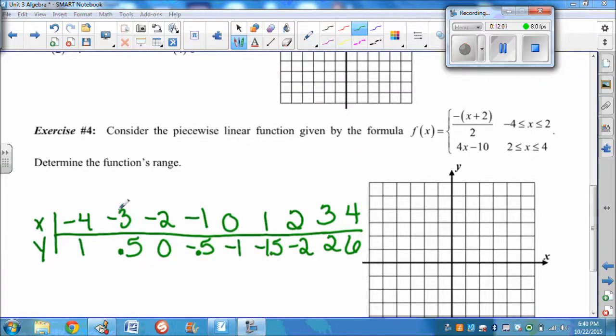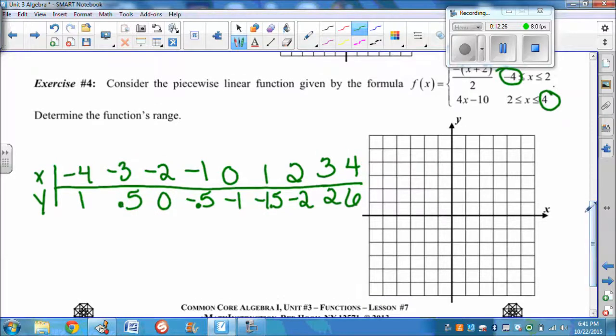So I copied all of my x values down from -4 to 4 and all of my y values down that corresponded to those. If you can see right here, my domain went from -4 all the way up to +4, so you could see that ahead of time, even before we looked at the table. They said determine the function's range. So what's the highest point on my range list here?